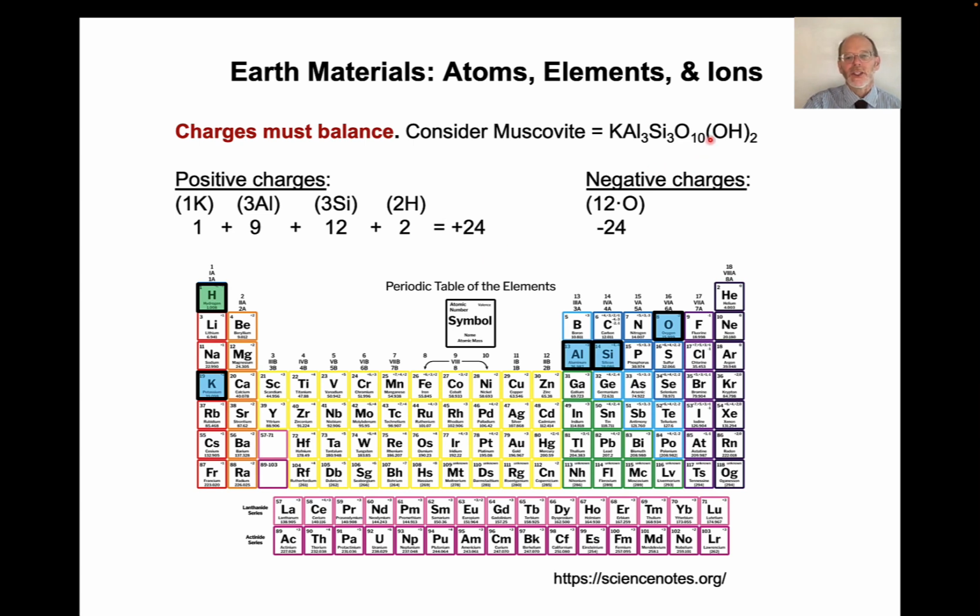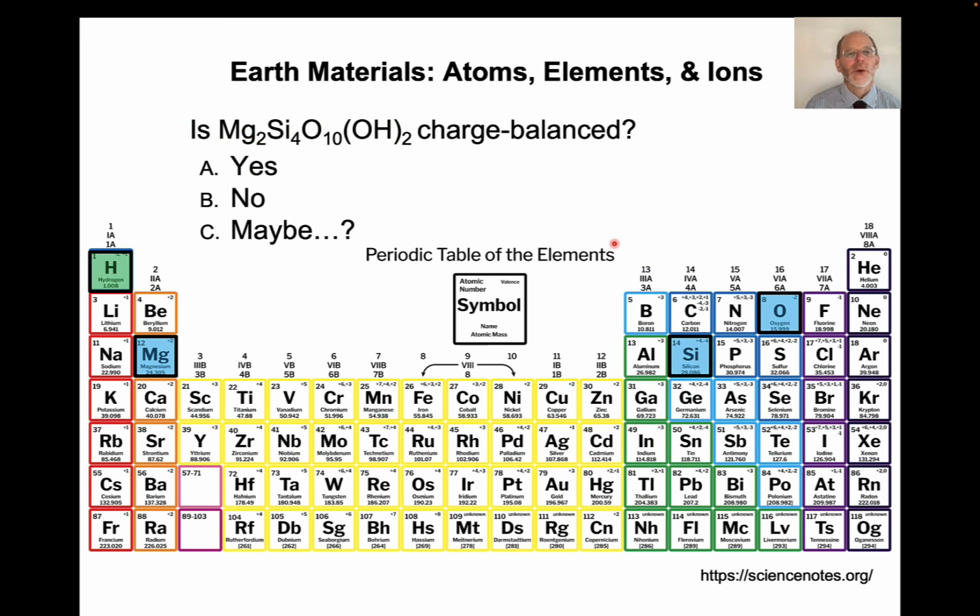How many oxygens do we have? Well, there's 10 here, +2 here is 12. Oxygen is always -2. 12 times -2 is -24. We add these two together, the sum of the cation charge and the anion charge, and they sum to 0. So it charge balances. So here's a question.